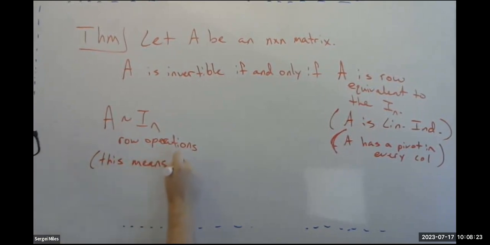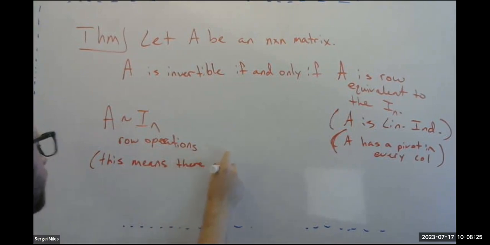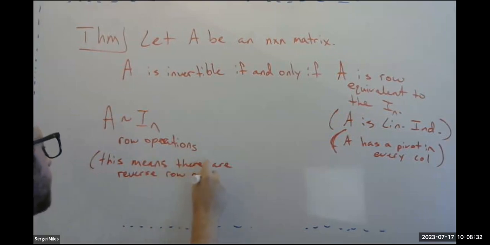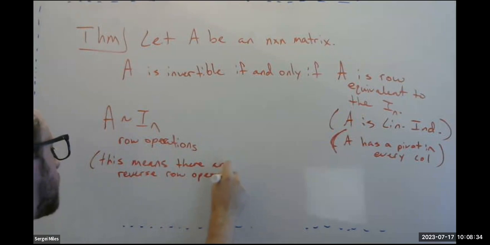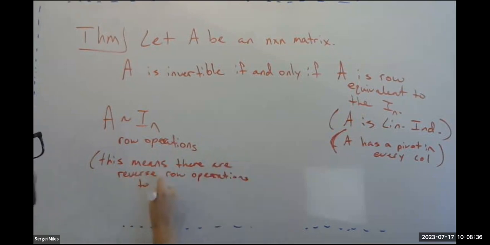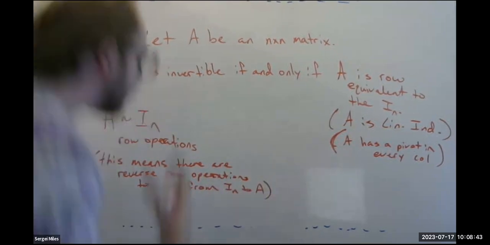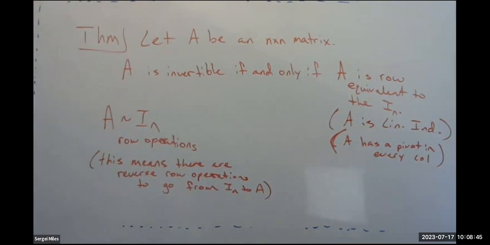This means there are reverse row operations to go from the identity to A. Well, these reverse operations, that's exactly what the matrix A inverse is. The reverse row operations are what undo a matrix multiplication, right?